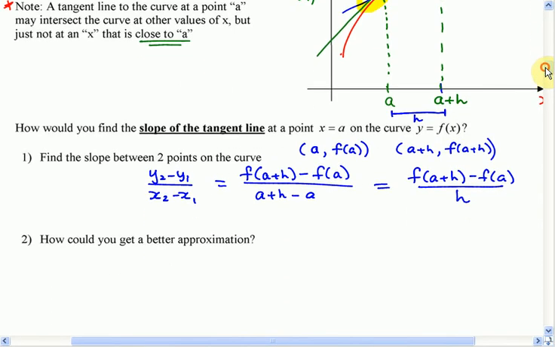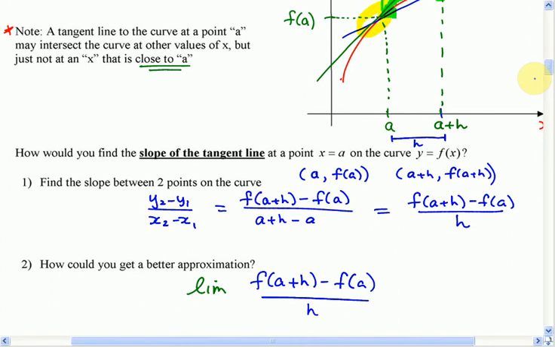So if I ask you to move something closer and closer, what is that calculus term we use? The limit, yes. So what do we want the limit of, though? Well, we want the limit, yes, of that expression that we had from above. Okay. But what do we want the limit to be?